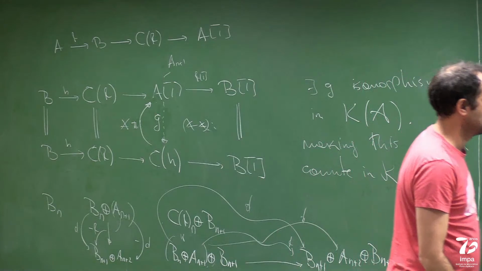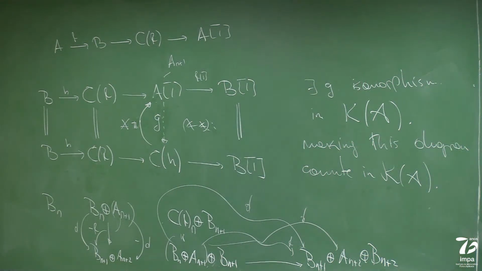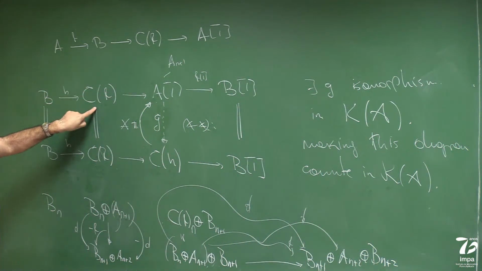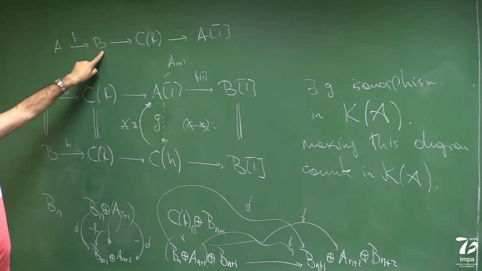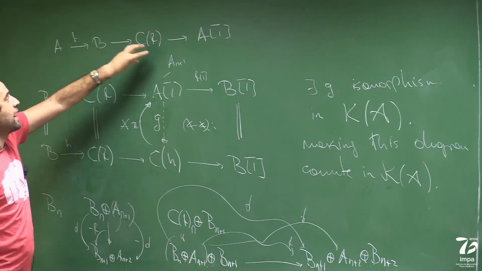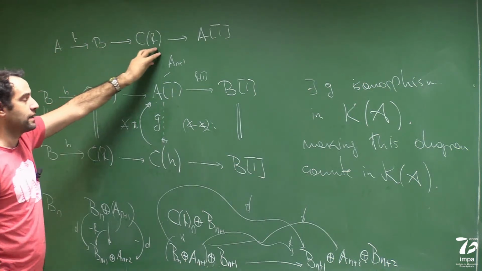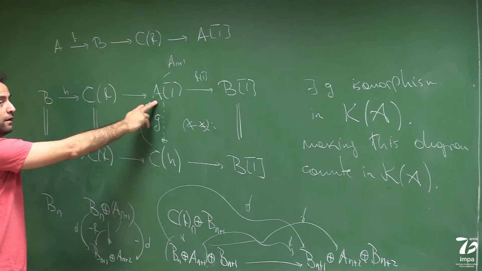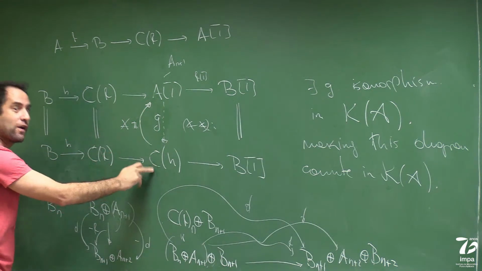OK. But now let's prove what we set out to prove. Now that the cone satisfies that nice property, I know that if I have any map of complexes, I can fit the cone into a sequence like this. And now I know that I can replace my A in the homotopy category by the cone of the cone.